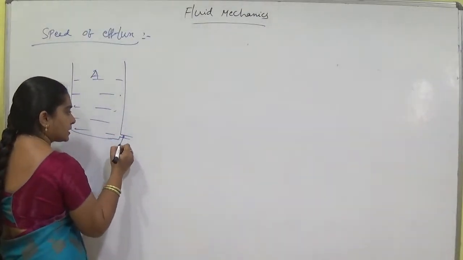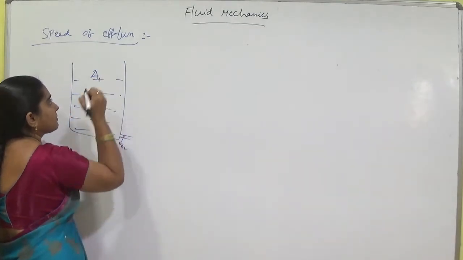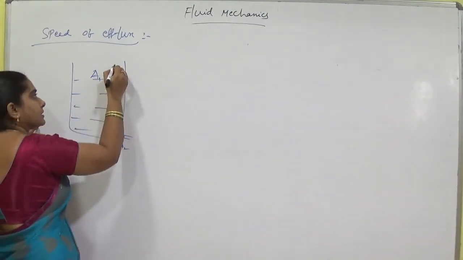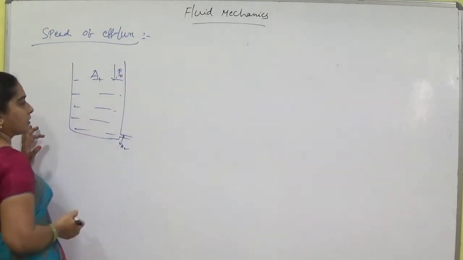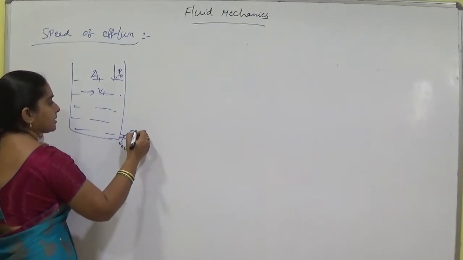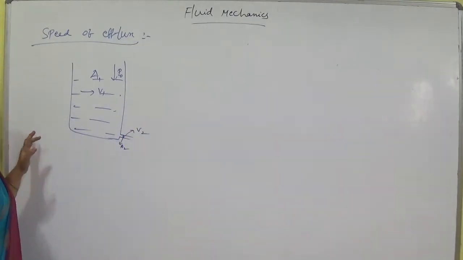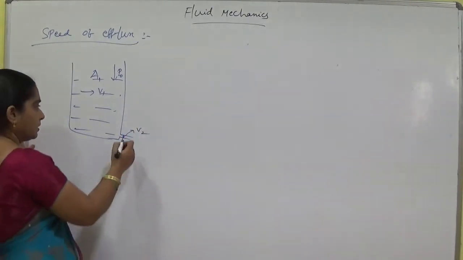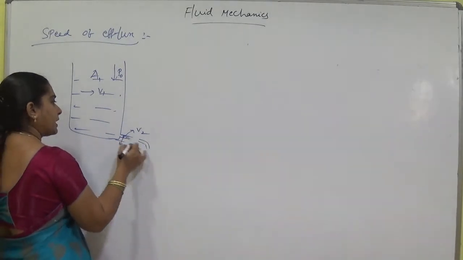The area of cross section of the orifice is A2. The atmospheric pressure is P0. The velocity at the top is V1 and the velocity at the orifice is V2. The liquid is falling like this.